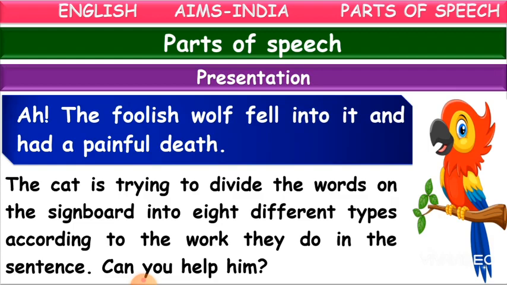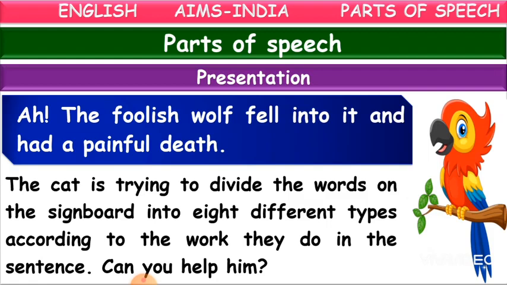The cat is trying to divide the words on the signboard into 8 different types according to the work they do in the sentence. Can you help him? Our task is to help the cat find the 8 different types of speech, that is, the parts of speech related to these sentences.